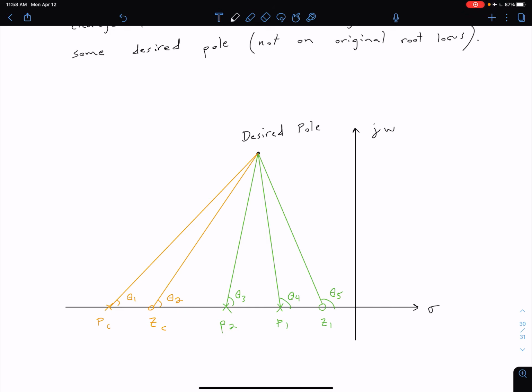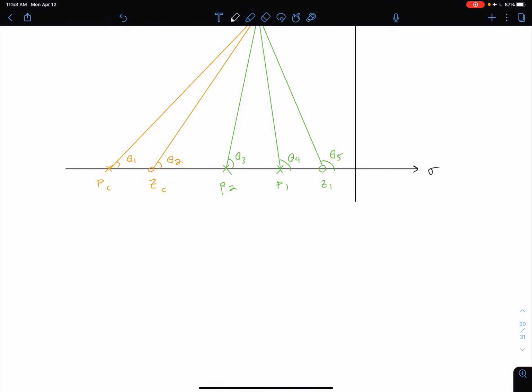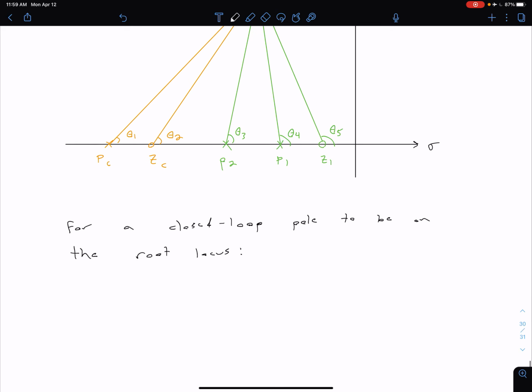Okay, so what we know is that for a closed loop pole to be on the root locus, we have to have certain conditions being met. So we're going to go back to particularly that angular contribution that we looked at when we were talking about our PD controller. So for a closed loop pole to be on the root locus, we know that we have to have the sum of our zero angles minus the sum of our pole angles equal an odd multiple of 180.